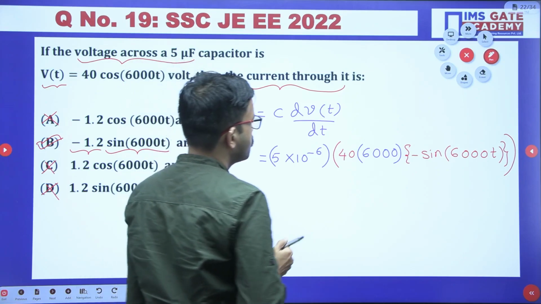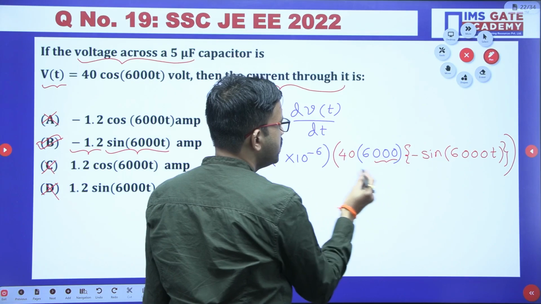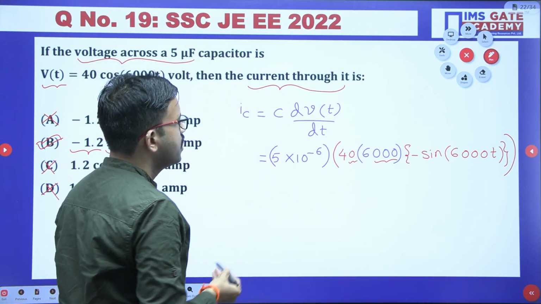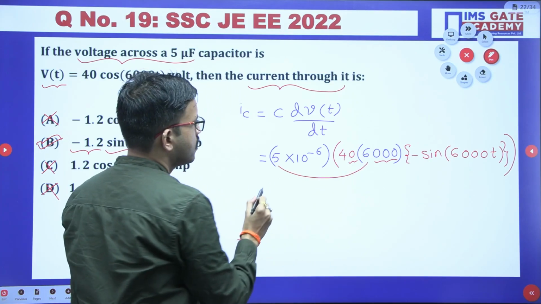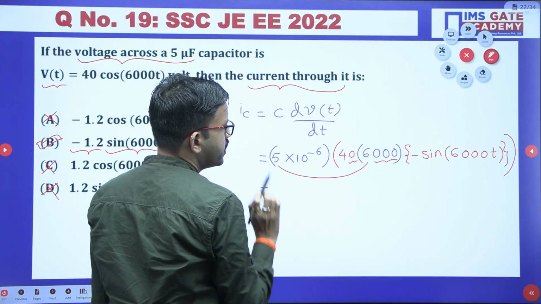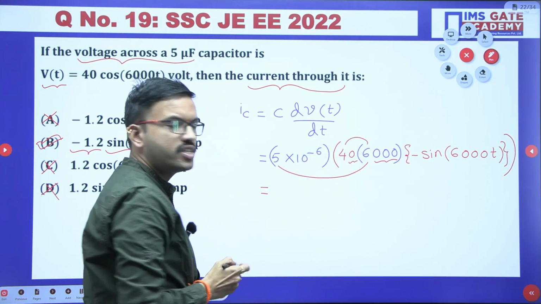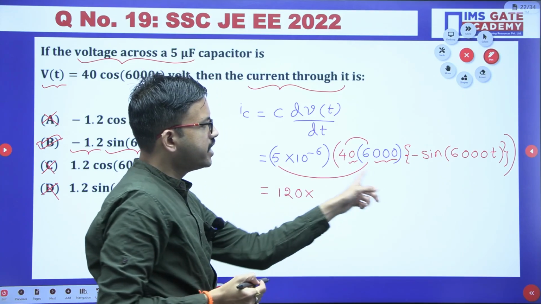Just observe here, you have 10 power 3 into 10, that means 10 power 4. And 5 sixes are 30. 30 into 4, that is 120. 120 into 10 power 4.